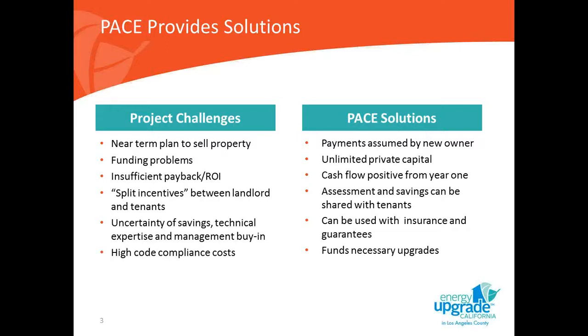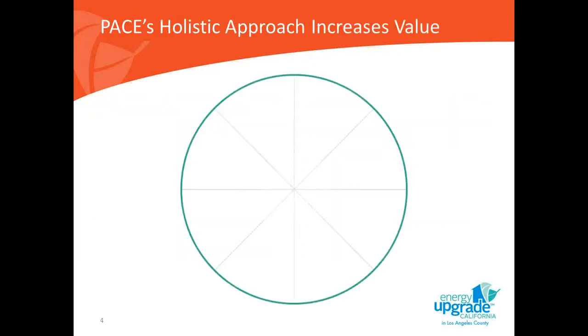There's also an issue with certain projects that are necessary to comply with building codes, et cetera, as refrigerants are being phased out, light bulbs with mercury being phased out, et cetera. So PACE can fund 100% of the cost of these projects. So really what PACE does is it takes us from the situation of, say, single measure projects.